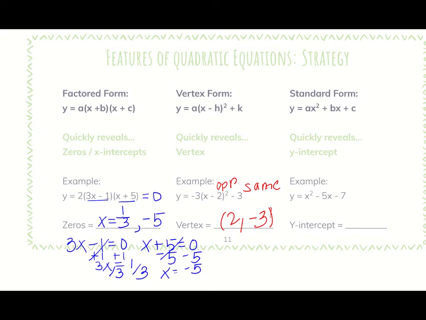So this reveals that our vertex is (2, -3), just by looking at the equation. And then lastly, we have standard form, and standard form quickly reveals our y-intercept. And our y-intercept is always our c value. So here would be c, meaning that our y-intercept would just be (0, -7).